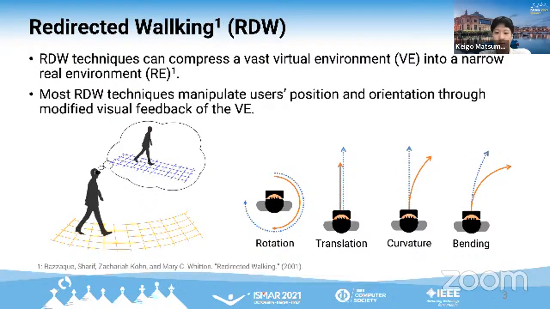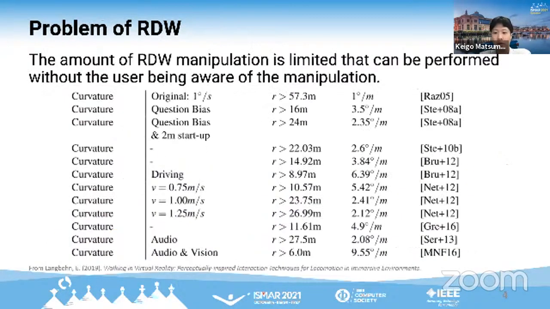However, the amount of redirected walking manipulation that can be performed without the users being aware of it is limited. According to previous research, to apply curvature gain without the users noticing, it is necessary to have the user walk a path with a radius of 6 meters or more.